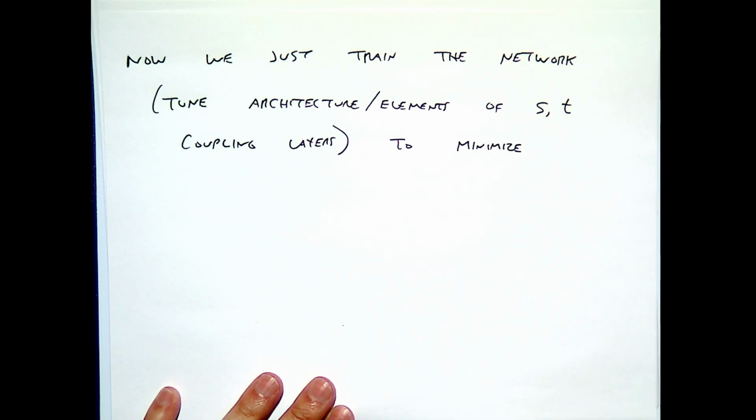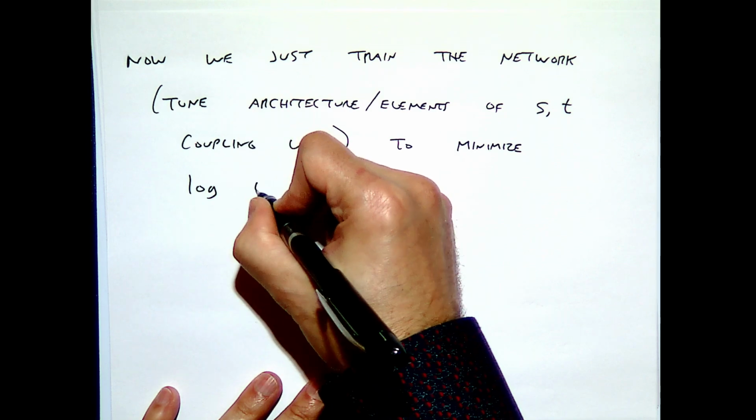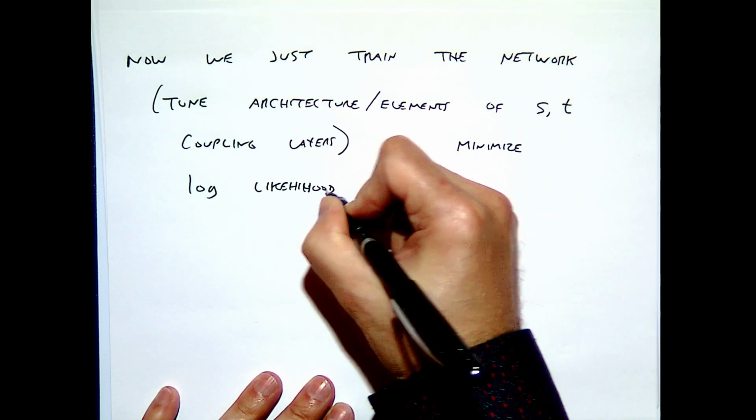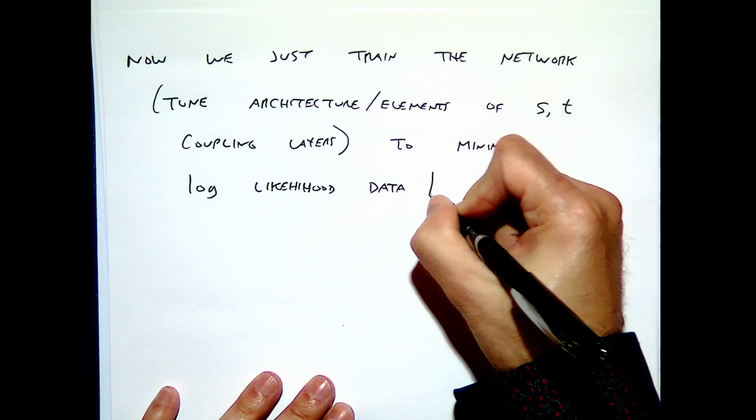And what I want to do is minimize the log likelihood of the data given the model.